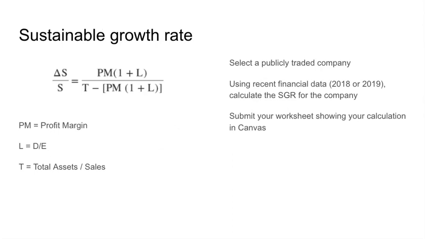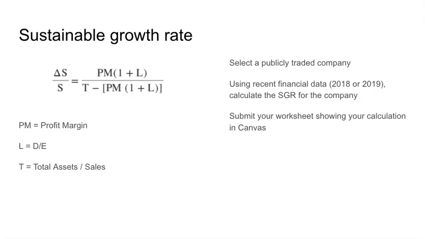Your textbook walks through the idea of the sustainable growth rate. This is a formula using relatively straightforward financial information to identify how rapidly an organization can grow without access to outside capital. In other words, this estimates how much cash the organization's organic operations generate in order to sustain growth.